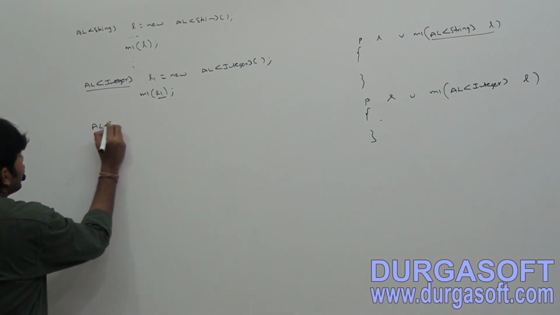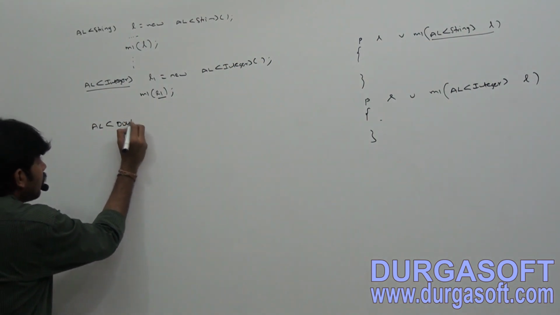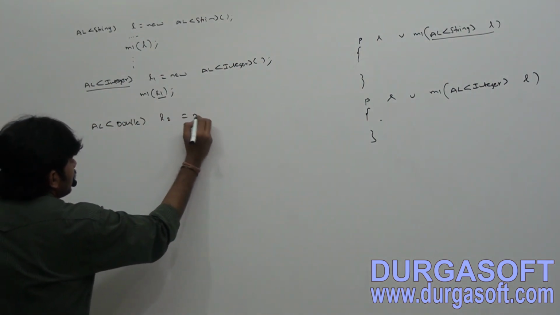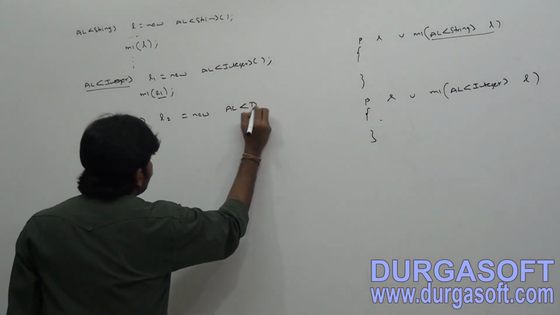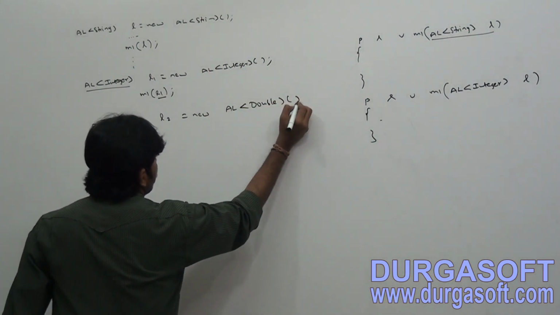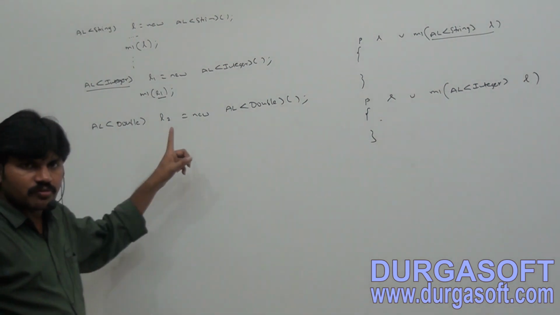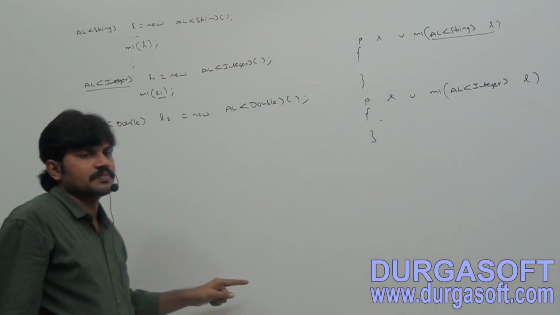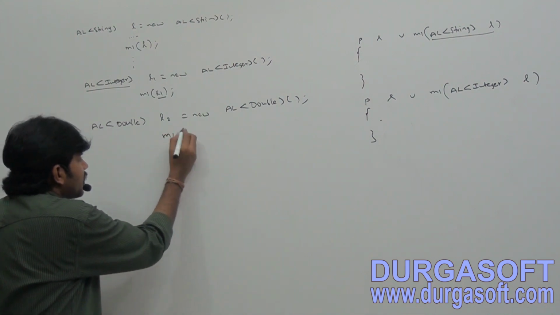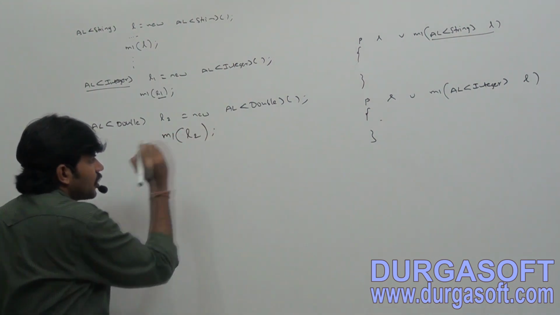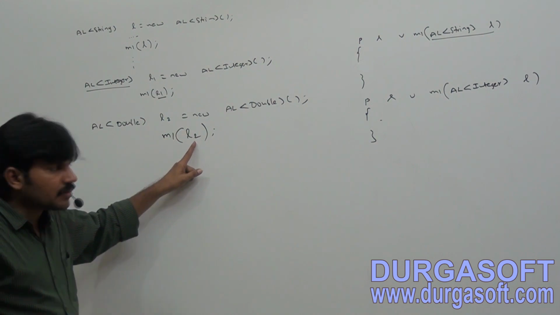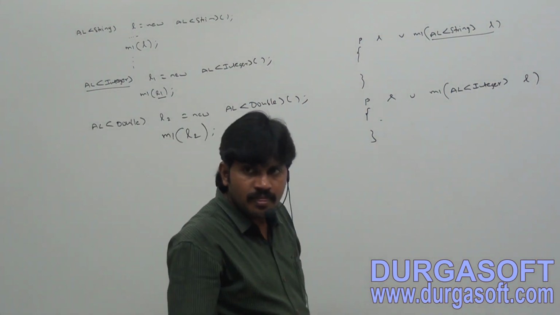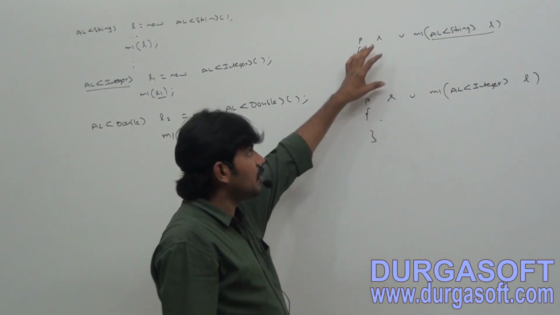Now ArrayList of Double, L2 is equal to new ArrayList of Double. For this requirement, I want to call the m1 method by passing L2 as the argument. Can I use the first method?